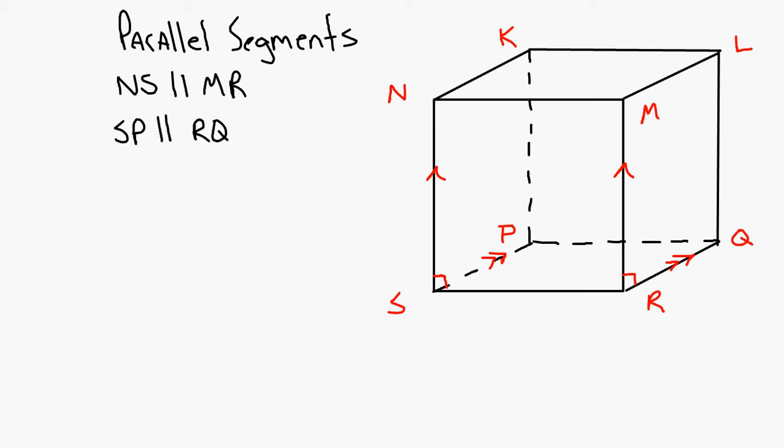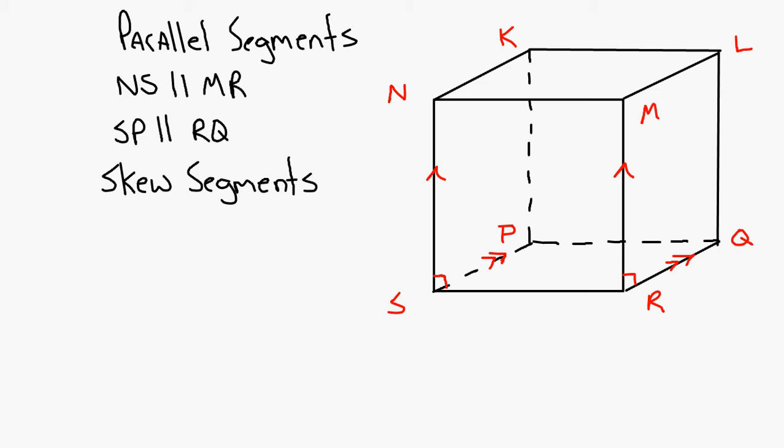Skew segments. All right, do you see this vertical segment, NS? NS and KL are skew. Do you see how NS is in the front plane of this box?